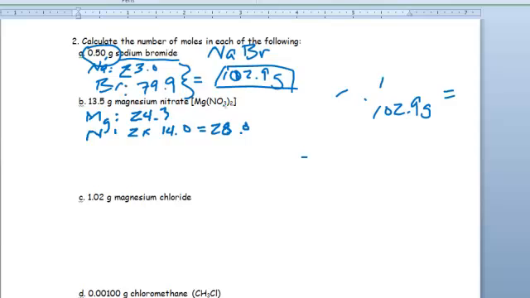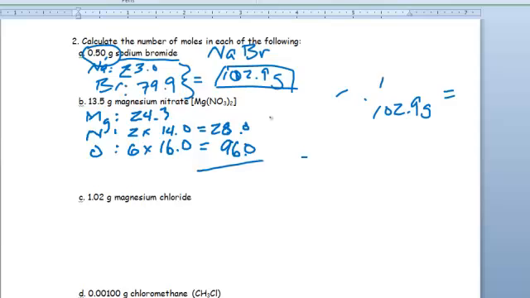And we have 2 times 3, 6 oxygen atoms. Okay, so that's 6 times 16.0, which, if memory serves, is 64. 6 times 16. Oh, what am I talking about? 96. 4 times 16 is 64.